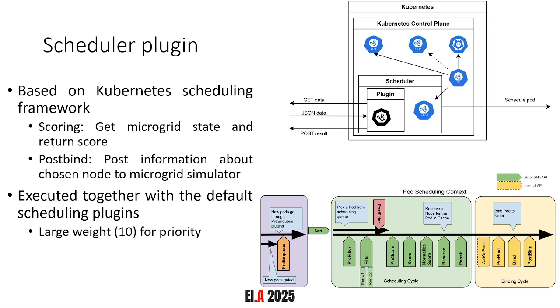This way, we can put a high weight on our plugin so that Kubernetes will take decisions based on available renewable energy, carbon footprint, and grid, but we keep all the default plugins so that if two different nodes are similar in terms of, for example, renewable energy, other default strategies of Kubernetes will take place. And in the post-bind step, the scheduler will send back to the microgrid simulator the decisions taken.